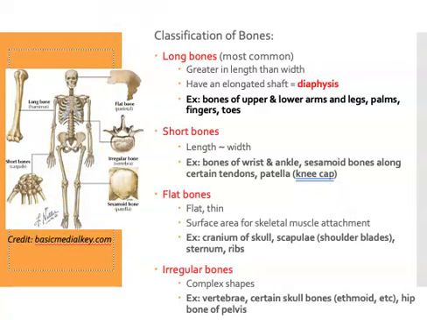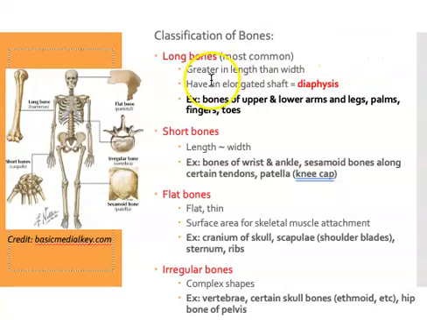The first type of bone is referred to simply as long bone, and it's the long bones that are the most common bones in the human skeleton. Long bones are greater in their length than they are in their width. So think about the tibia or the femur, the radius, the ulna. Those are all long bones. The length of the bone is much longer than the width is.